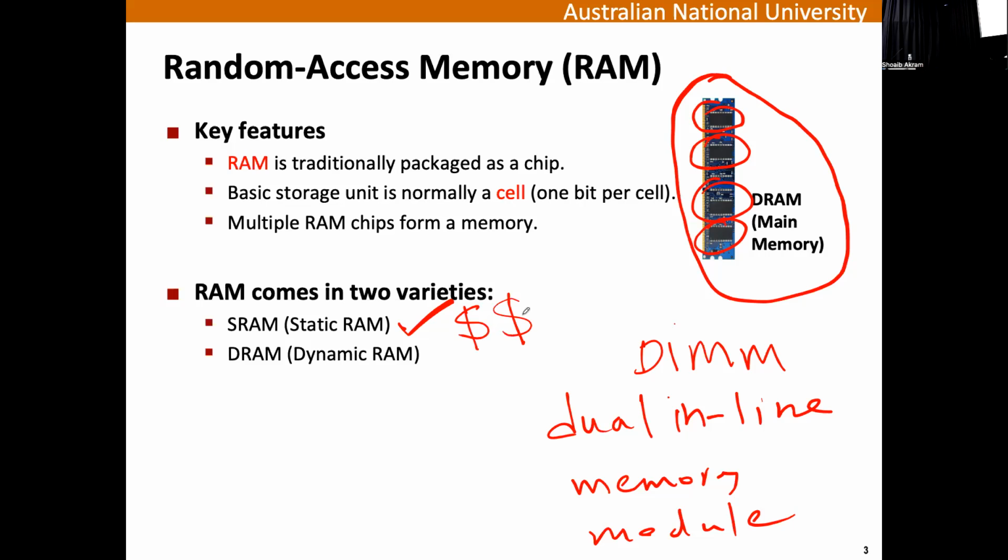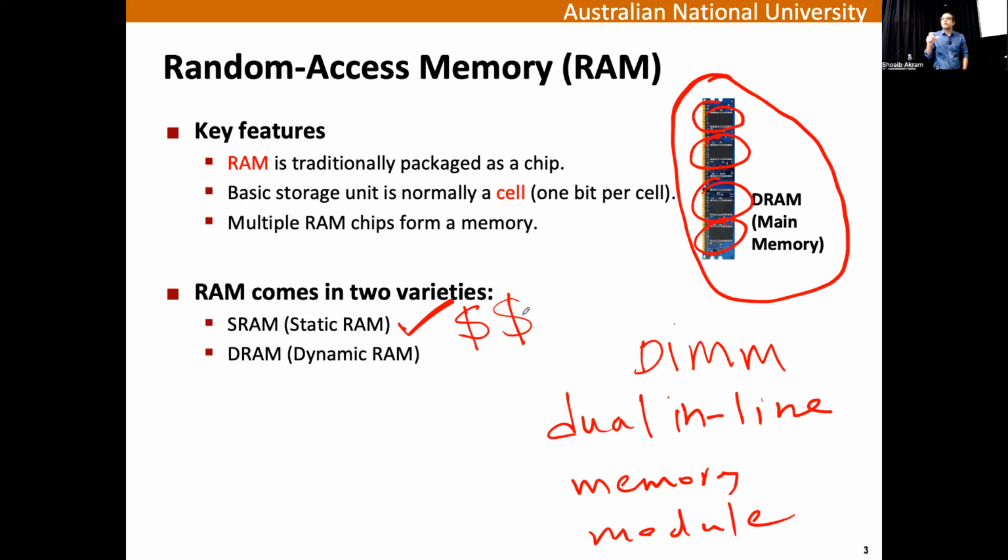So where will you find static RAM used normally? Where will you find dynamic RAM used normally? Dynamic RAM is typically your physical memory. That is your main memory. And static RAM is your register file, and we use it in some other ways.